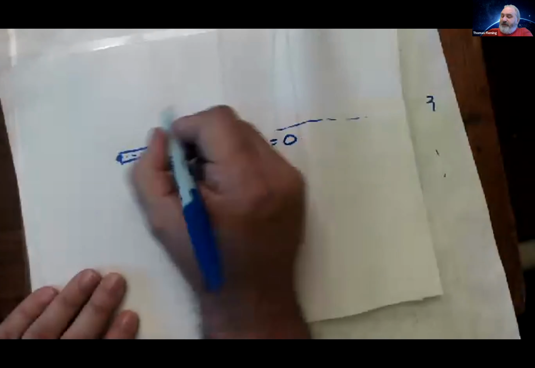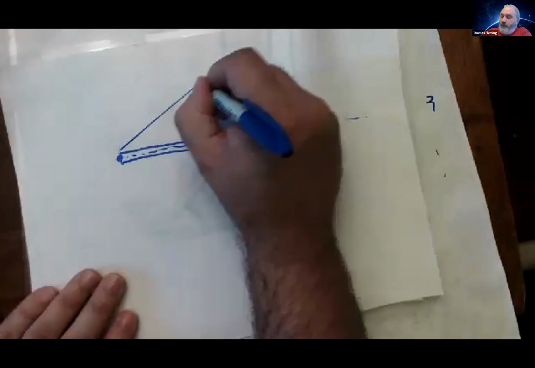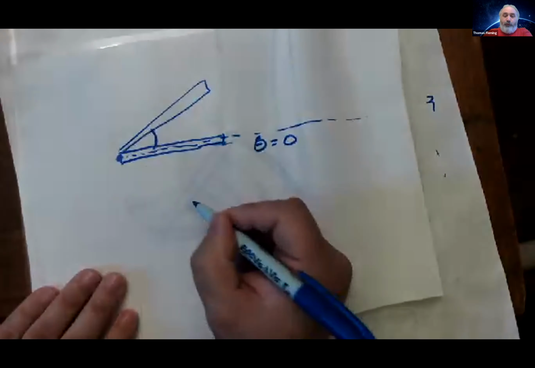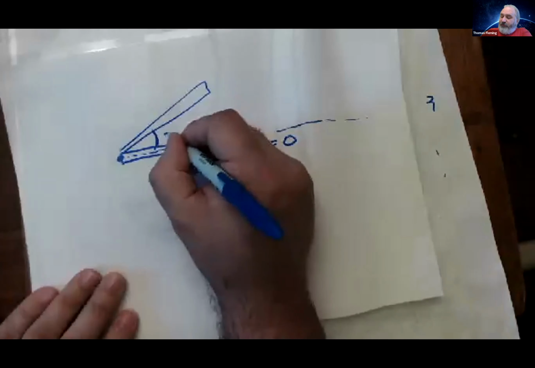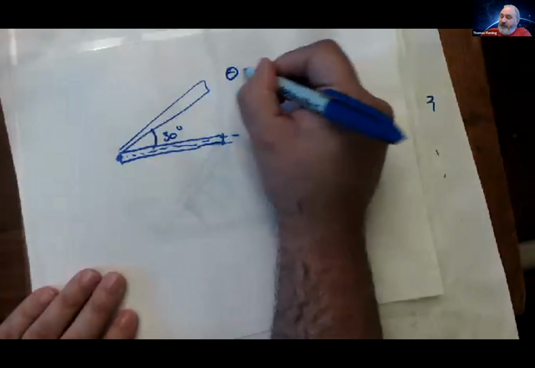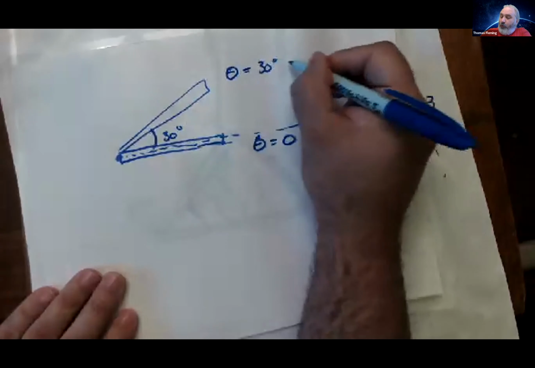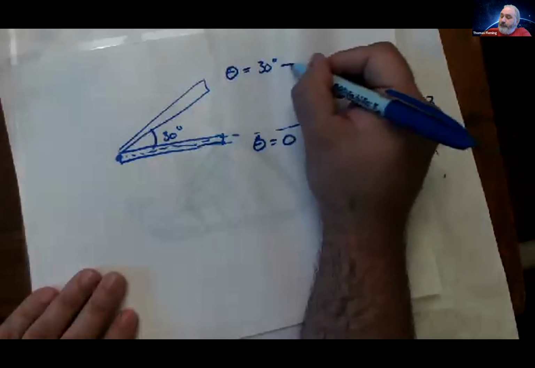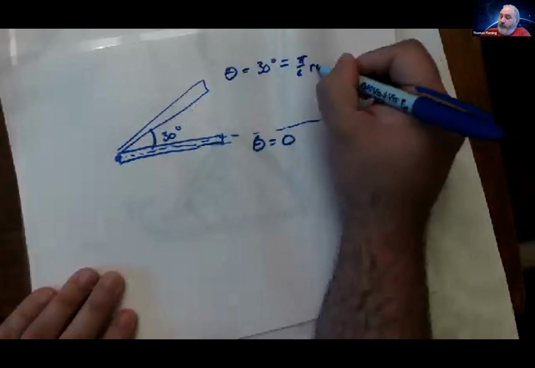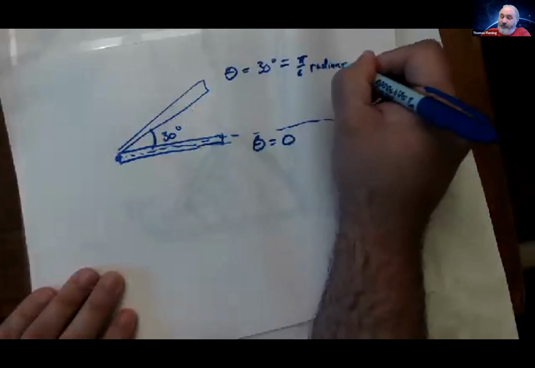Then later on, it will have rotated through some angle, and so maybe this is 30 degrees, so this orientation of the stick would be theta equals 30 degrees, or in radians, that's pi over 6 radians.